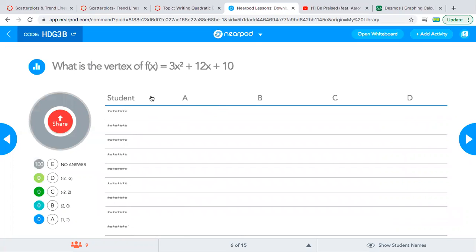So what I want you to do is find the vertex of this equation. Find the vertex of this equation. This is in standard form, so you need to make sure you identify your A, B, and C first, and then use your vertex equations.